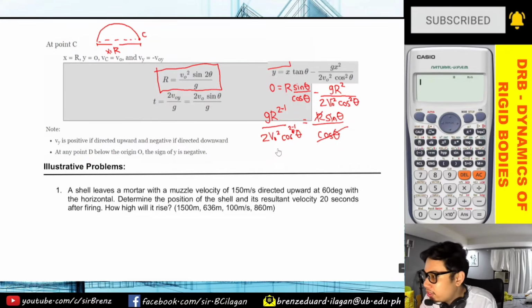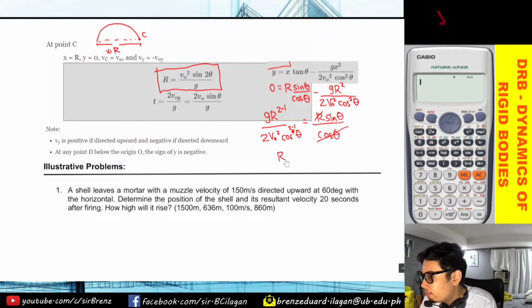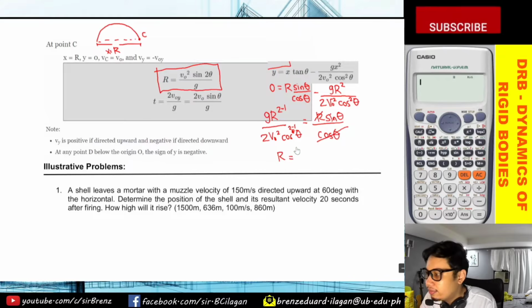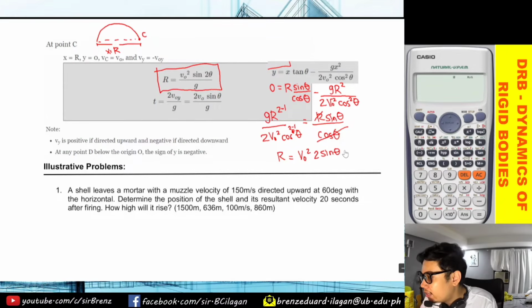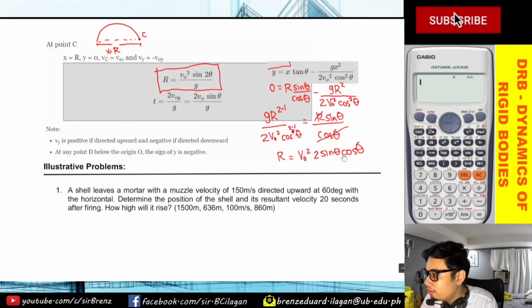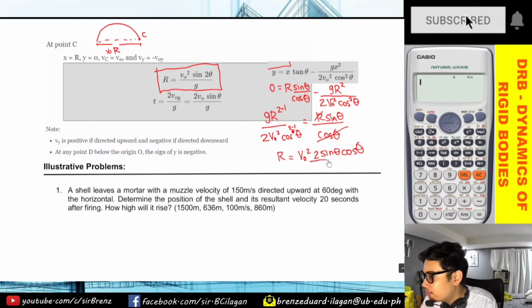So, our equation will become R, raised to 1 na lang yan, is equals to V0 squared, okay? And then, 2 sine theta cosine theta. Okay? And then, ibababa natin yung g.